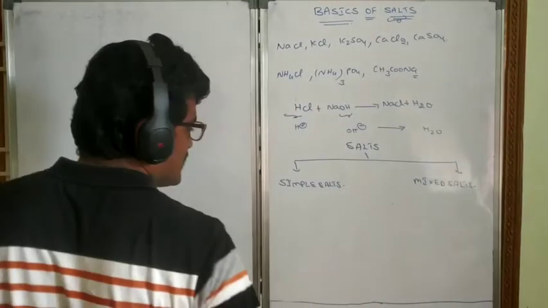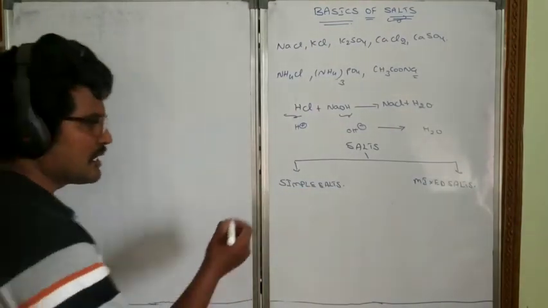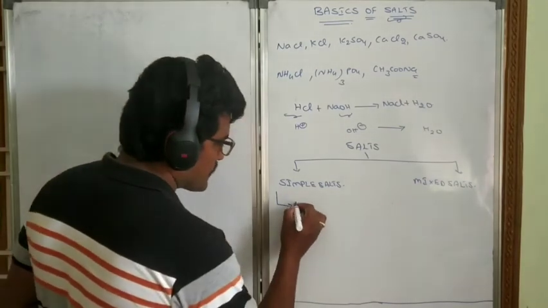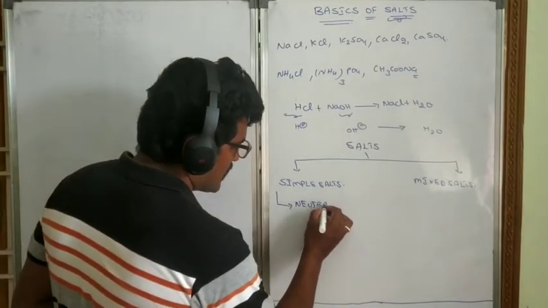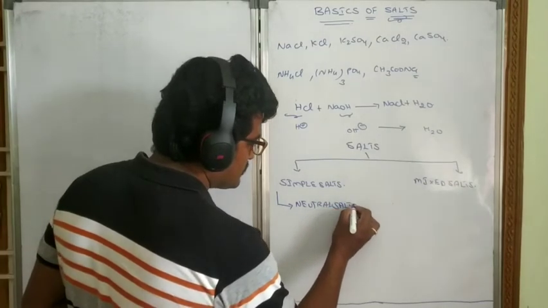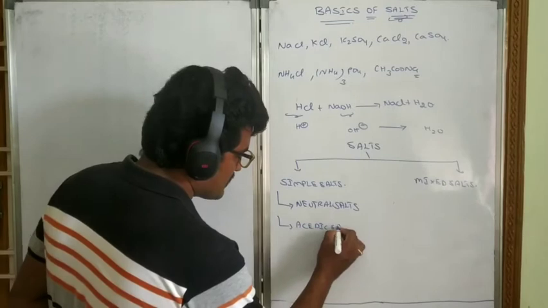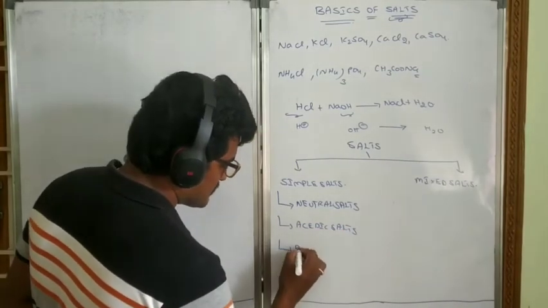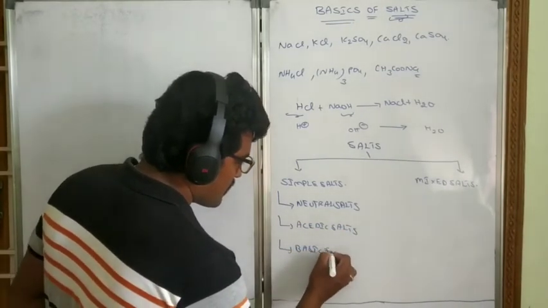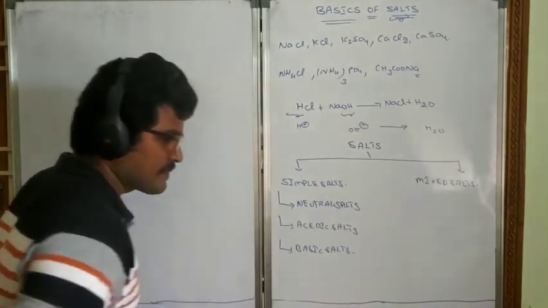Now let us get into the details. Simple salts are classified into neutral salts, acidic salts, and basic salts.